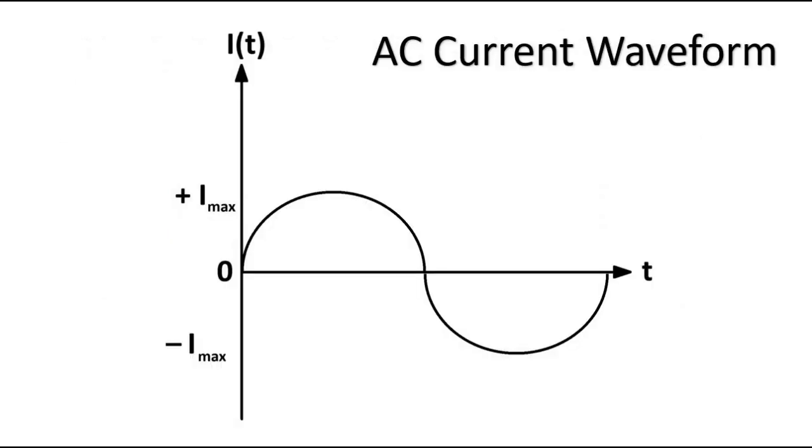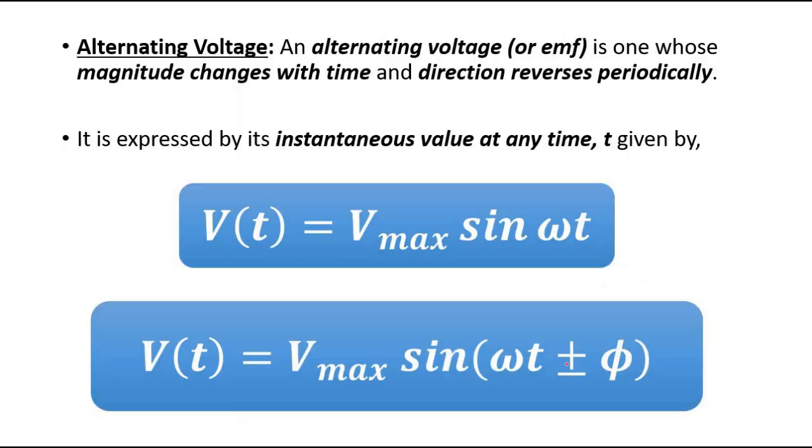Now if you remember, in the first video I told you that this is one of the expressions: Vt is equal to Vmax sin omega t, where Vt is the instantaneous value, and we can also represent it as Vmax sin (omega t plus minus phi).